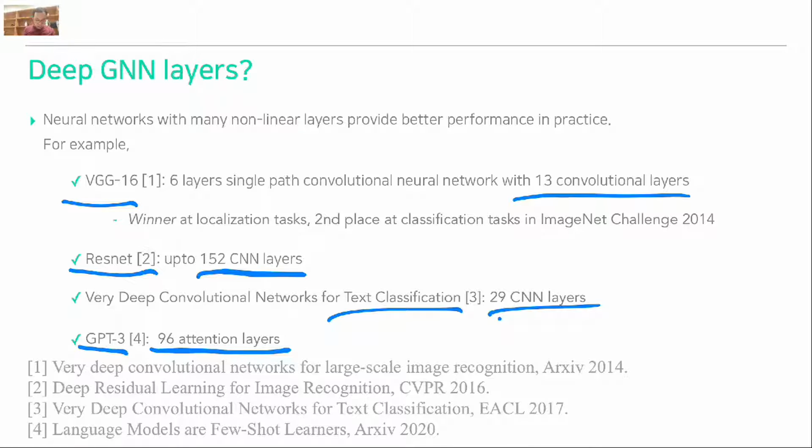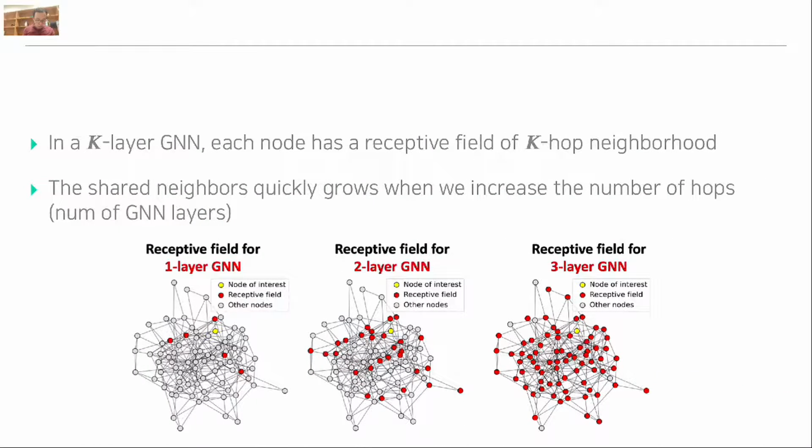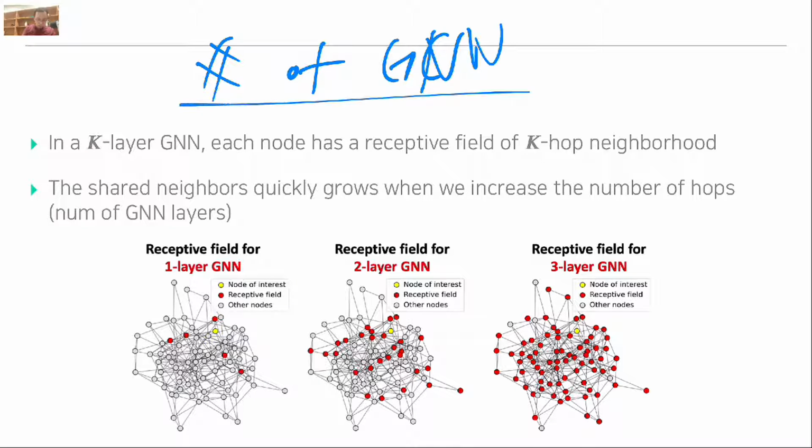By having more and deeper layers, we were able to get better performance in practice, but not in the GNN. So we have to understand what the number of GNN message passing layers means.